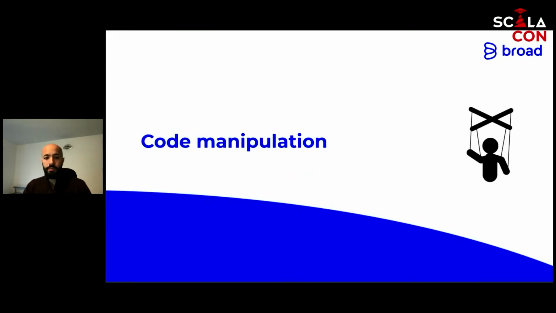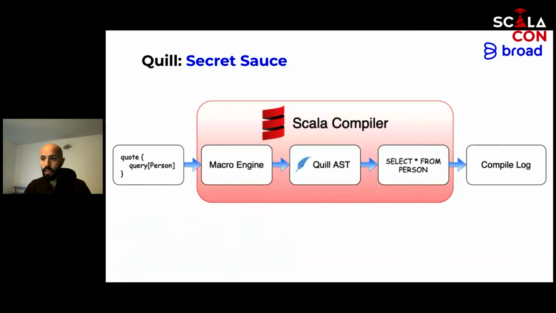So, okay, let's start thinking a bit more about how we manipulate that code in order to generate the safe SQL for our application. Going back to that slide where we have a general idea of how Quill works, we have, again, that regular Scala code. We have a macro engine, which we won't think of that much now.